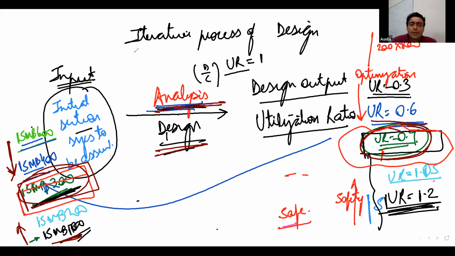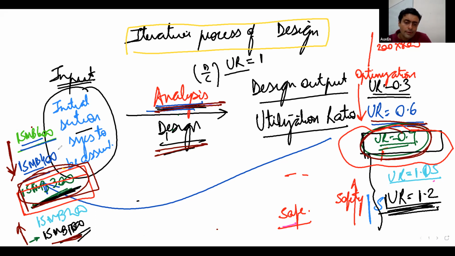Now, what may be the difference between a structural engineer who has a lot of experience and an engineer who does not have a lot of experience? What will be the difference? The difference would be that an experienced structural engineer may do this process in very small iterations.